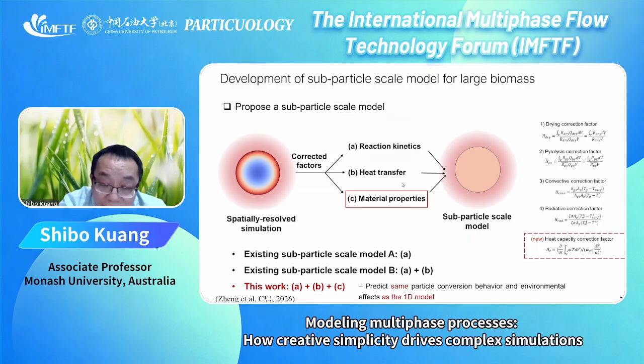It's very important to identify their different contributions and develop a correction factor for each of them. This is the key for us to successfully develop a reliable method to consider the contribution of temperature gradient in large biomass and its effect on process performance.